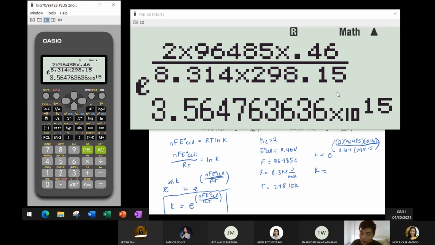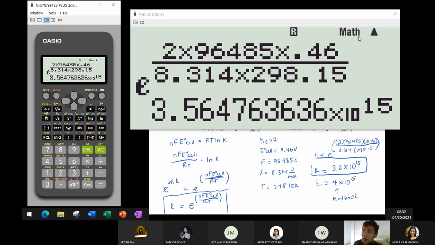3.56 times 10 raised to 15, or 3.6 times 10 raised to 15. If you look at your textbook, the answer there is written as 4 times 10 raised to 15. But we can use this answer anyway. So what we can notice is that the K is very big, right?